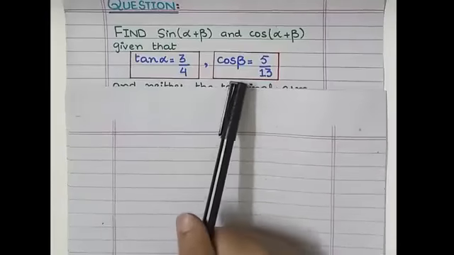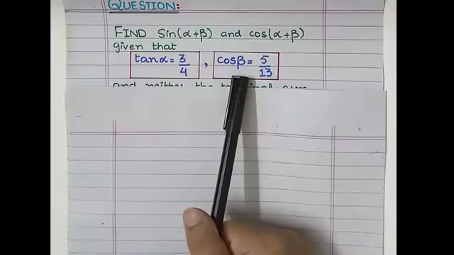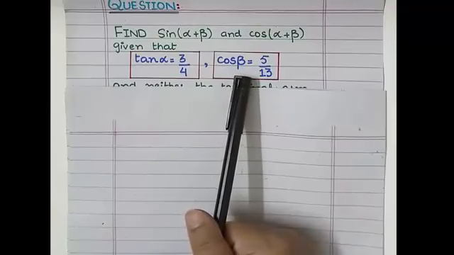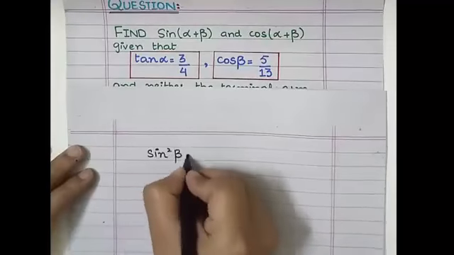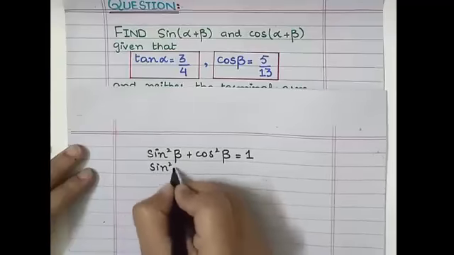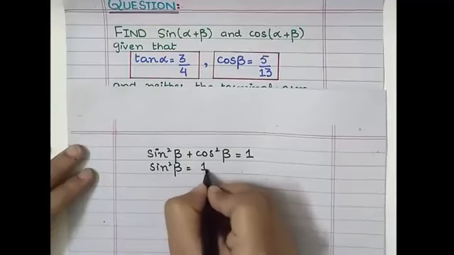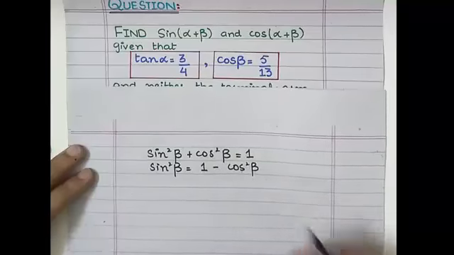So from here, now we will use the value of cos beta and will find the value of sin beta. For this purpose, we will use the fundamental identity of trigonometry. Also we can write sin square beta is equal to 1 minus cos square beta.